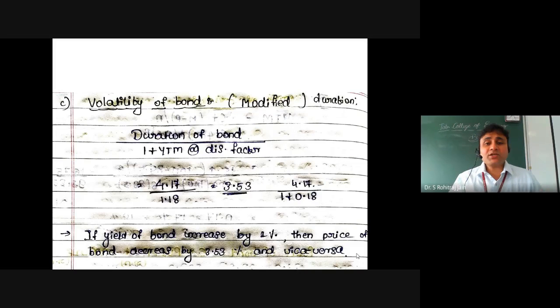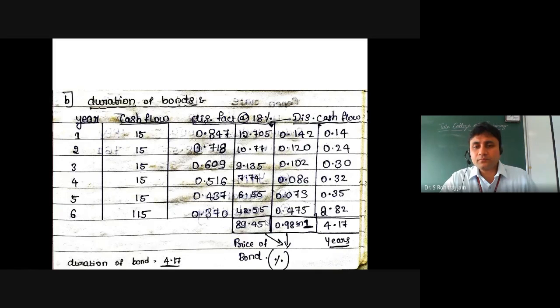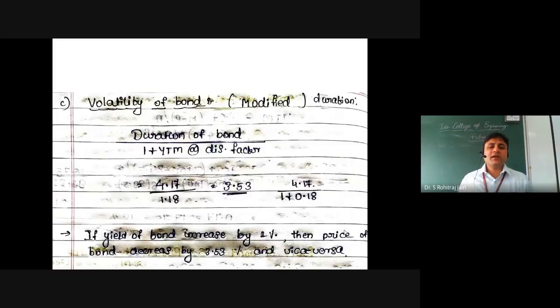So what is the duration of the bond? Just now we have calculated it. See here, see my cursor. Duration, just now we have calculated, that is 4.17, divided by 1 plus YTM at the discounting factor. What is 1 plus YTM? 1 plus 0.18, that is 1.18, right? Because the discounting factor in the problem is how much? 18%.